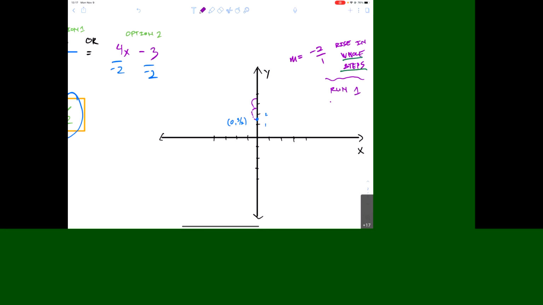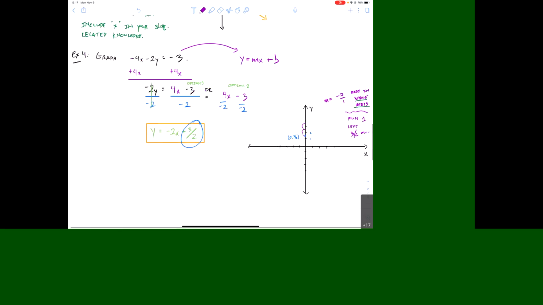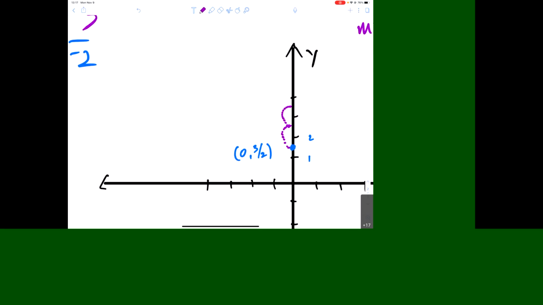Run 1 left because m is negative. Okay, just to keep it easy, we're going to run left 1. So I draw my little arrow there.